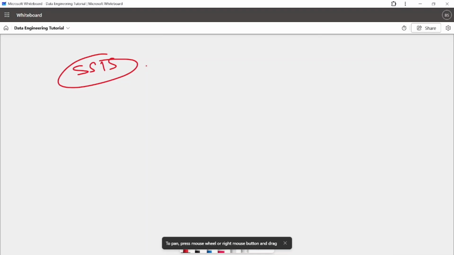In the market there are many SSIS projects. A customer has an existing SSIS project and wants to migrate towards Azure.